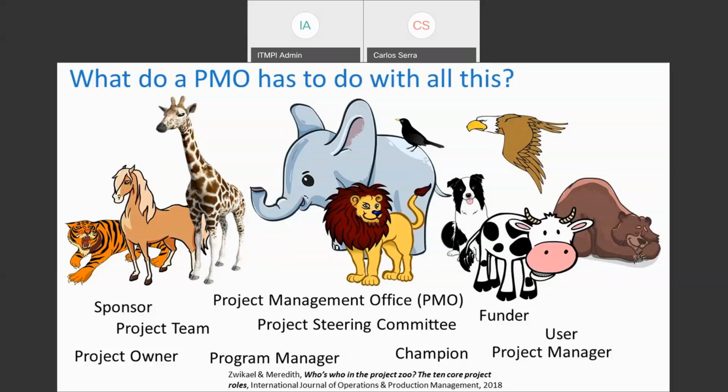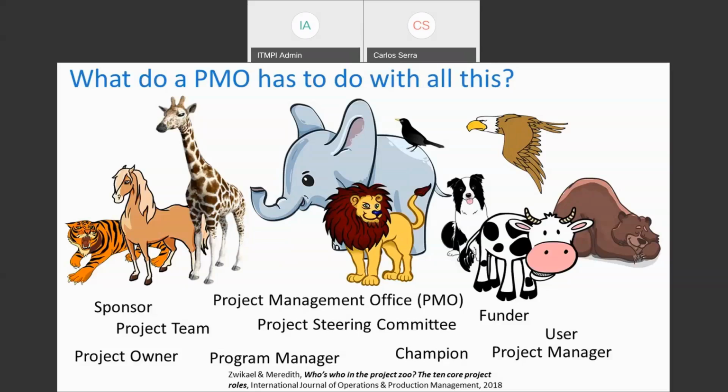Each of the roles involved in project management ends up having sets of responsibilities associated to them that vary from organization to organization and even from department to department within the same organization.